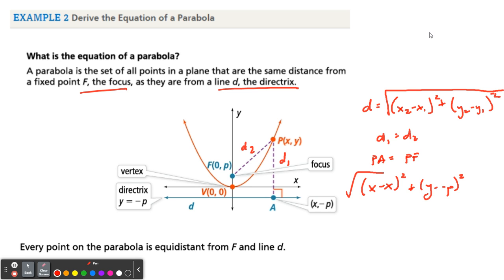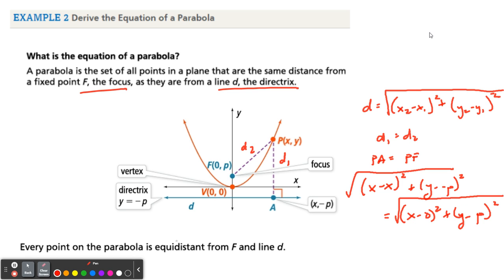That's PA. And then for PF, let's use P and F's coordinates. I'll do P's coordinates first: x minus 0 squared plus y minus p squared, all inside this square root.